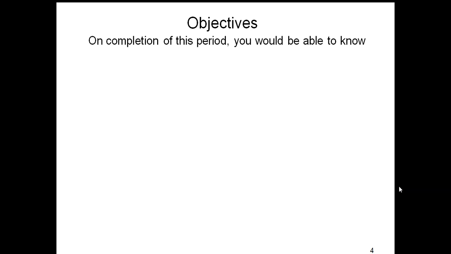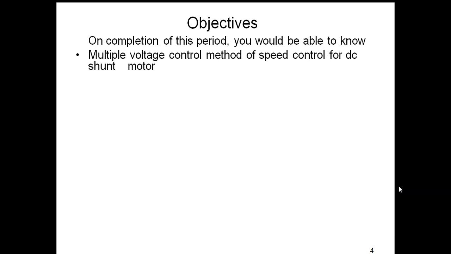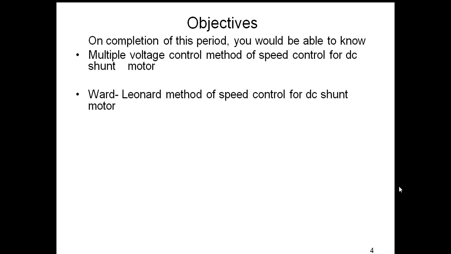In this presentation, we are going to learn about the multiple voltage control method of speed control for a DC shunt motor, and also we will be learning about the Ward Leonard method of speed control for a DC shunt motor.